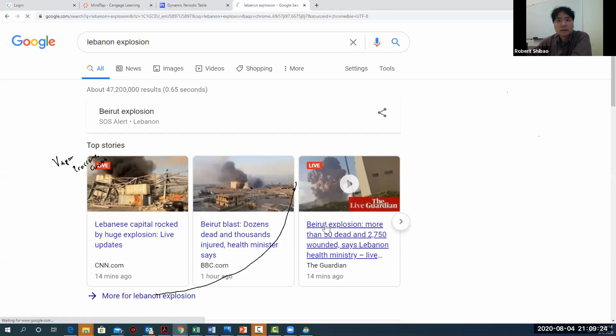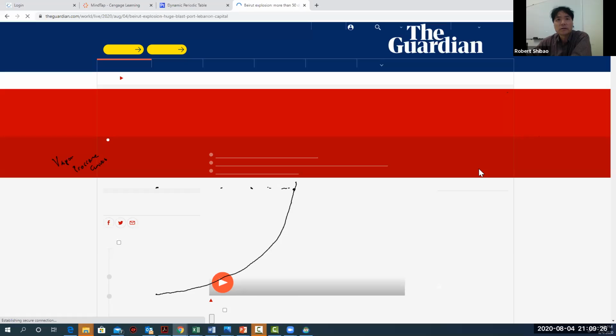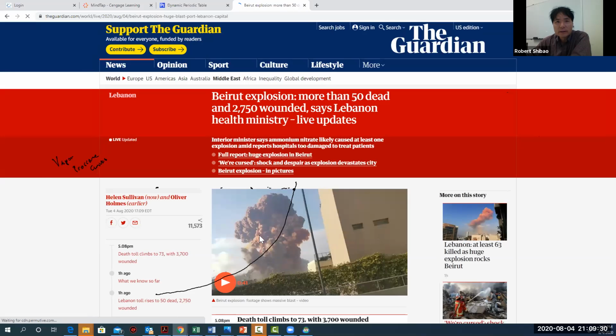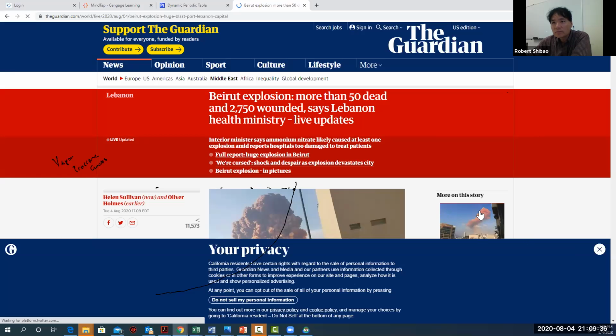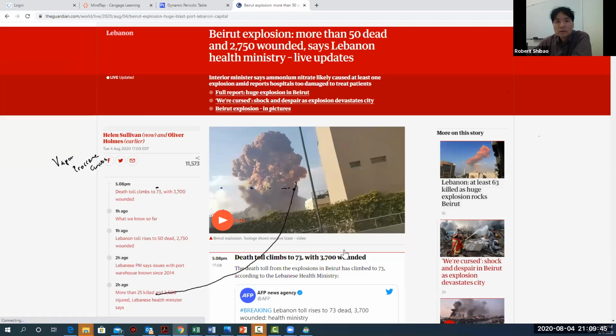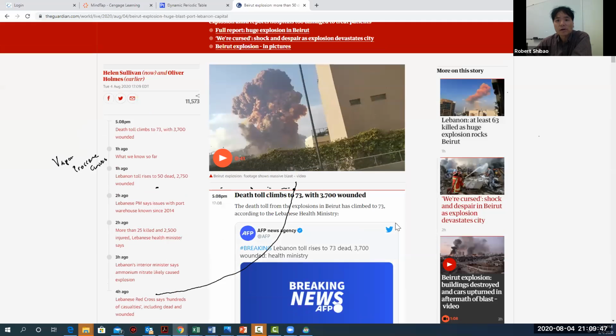Let's see. This is a video of the explosion. There's a lot of dirt and debris in this. You look at the cloud, although this cloud is pretty orange here. If it's orange like that, it could be chemical there.